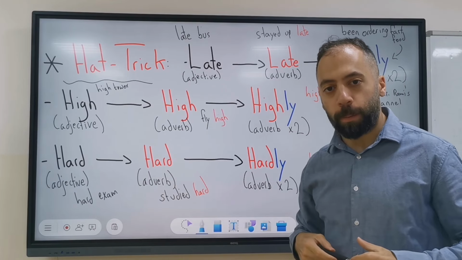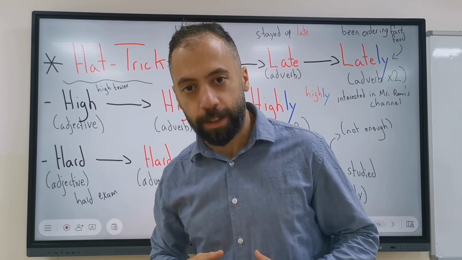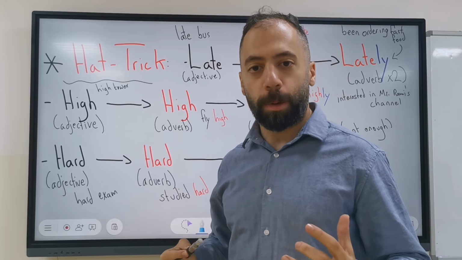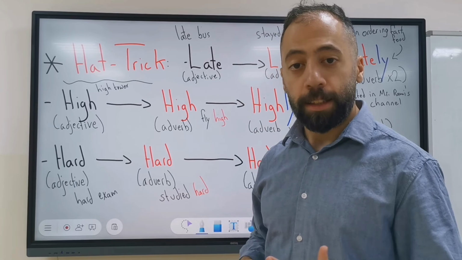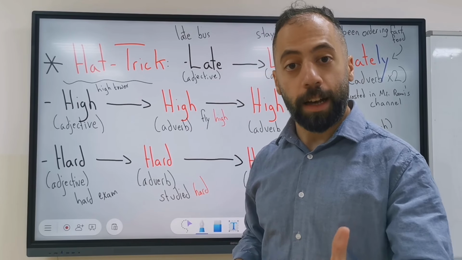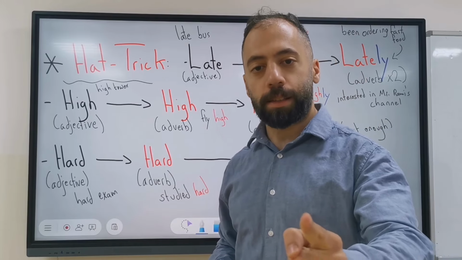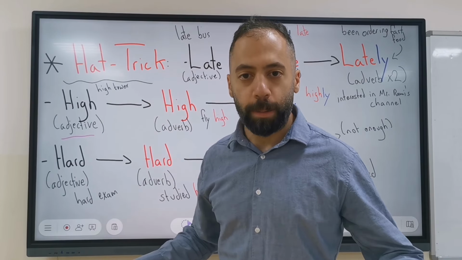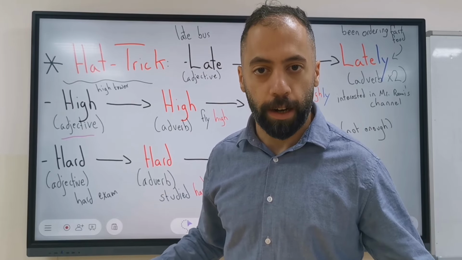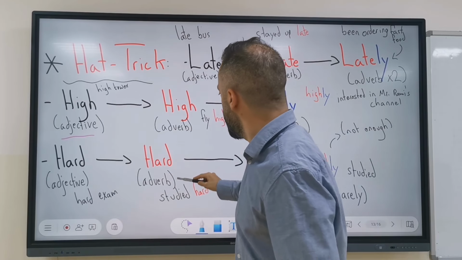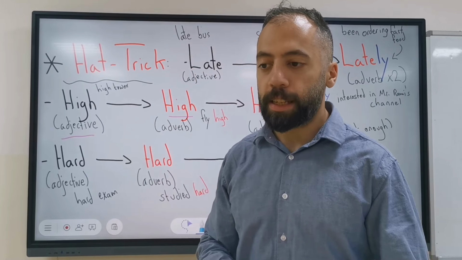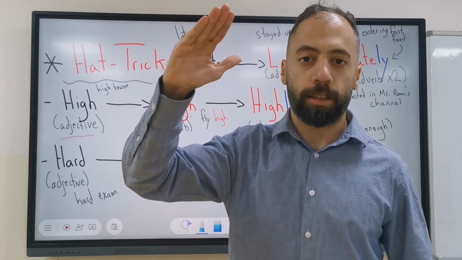Okay. Now from the title hat trick, which means a score of 3. So Mr. Khaled explained to us all about late and lately. Now let's talk about high, and highly. First, we can start with high, the adjective, which simply means high, right? A high building or a high tower, adjective. Now let's talk about high, the adverb. For example, airplanes fly high in the sky.